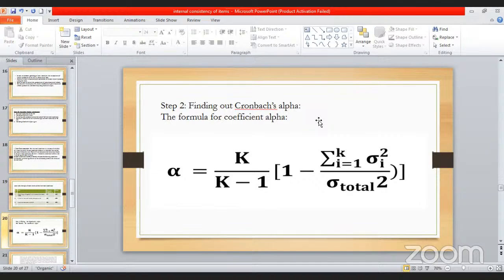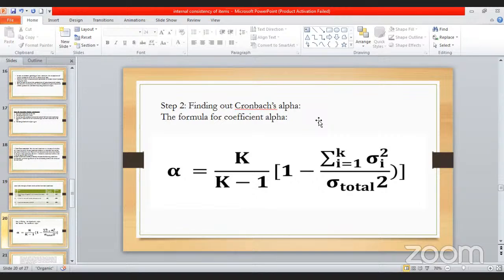Variance means the scatter of the scores, the scattering of the scores from the mean. You can find it by squaring the standard deviation. You know it. So we have to find the variance of each item, then sum it up, and the summation will be the summation sigma i square. Clear?